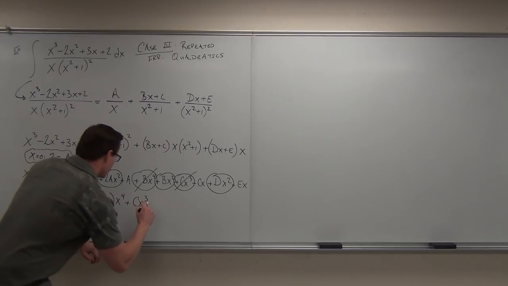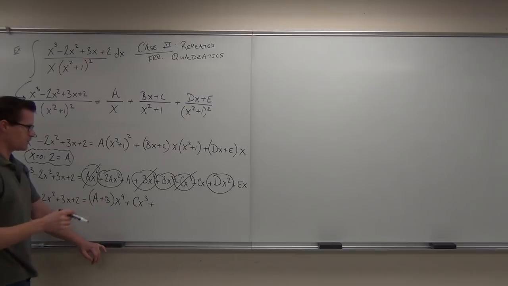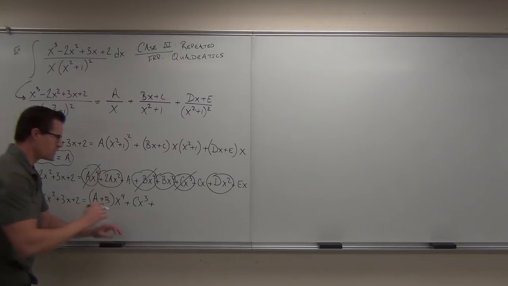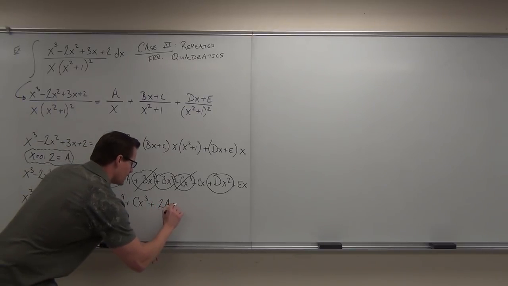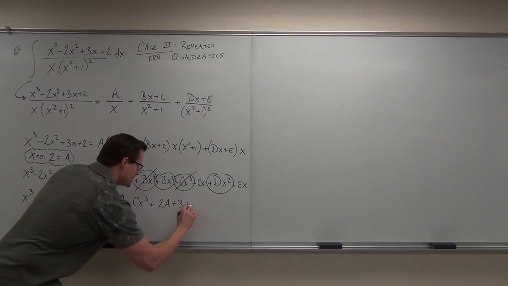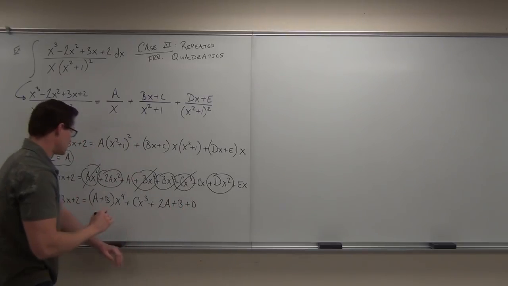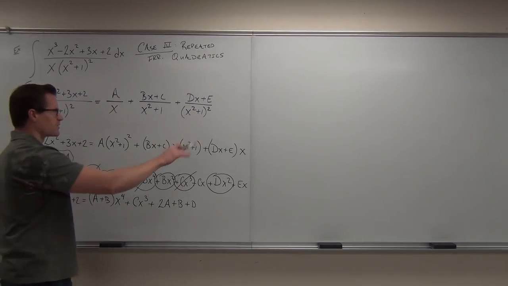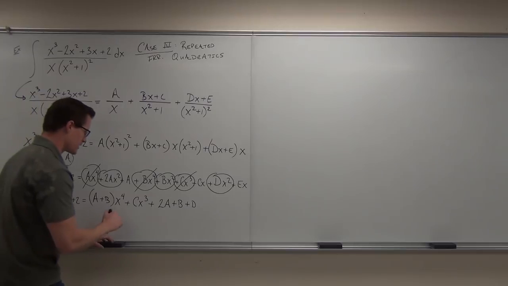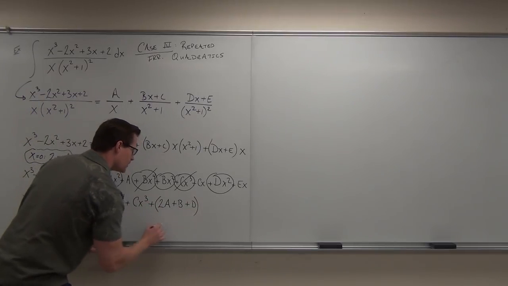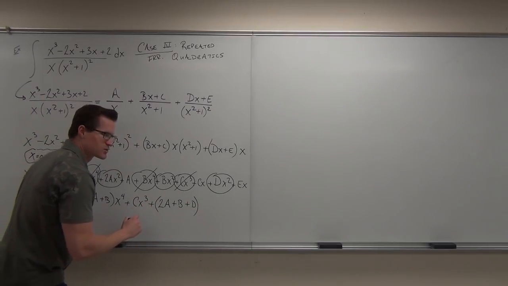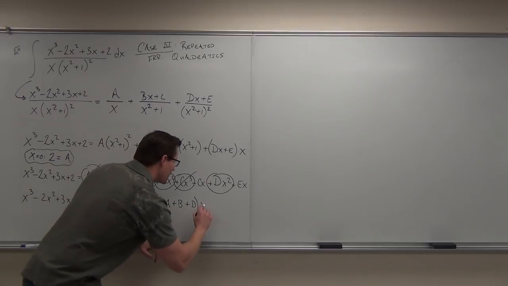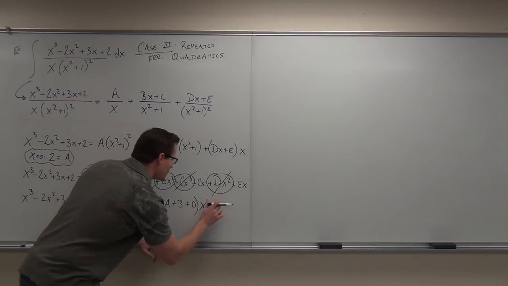Okay, our squares. So with our squares, notice what I'm going to do. I'm not pulling out the 2, I'm going to leave the 2 with the A. So a 2A, and then a B, and then a D. Shouldn't it be minus 2? I don't think so. It's a positive. Oh, I'm sorry. I don't see any negatives up here. We're kind of fortunate as far as that goes. Negative, I'm sorry, my mistake. Anyway, square.